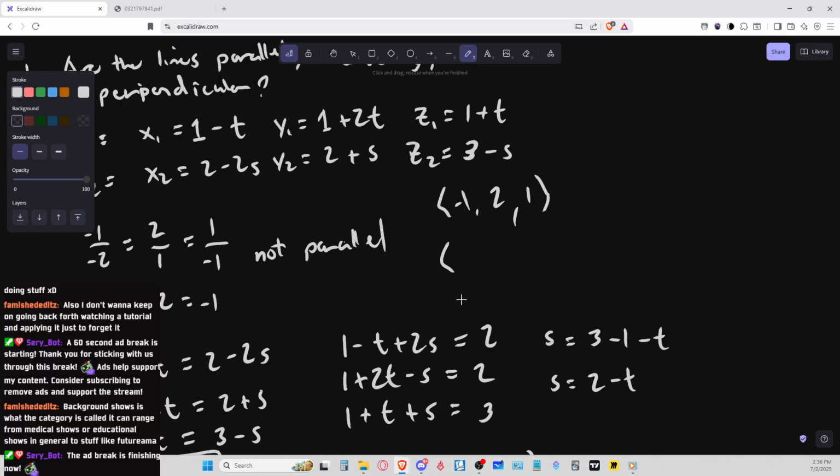And we have the vector -2, 1, and -1. So if we do the dot product of these, if we get 0, then they're perpendicular. If not, then they just intersect.